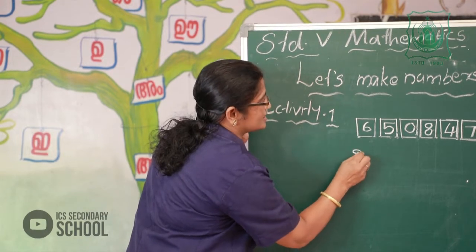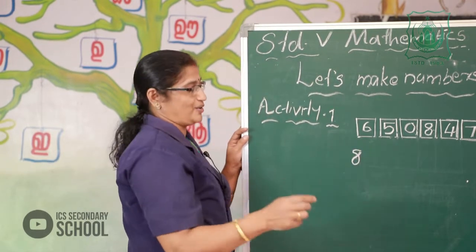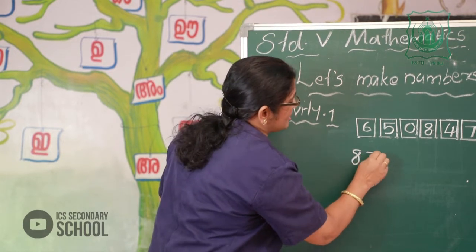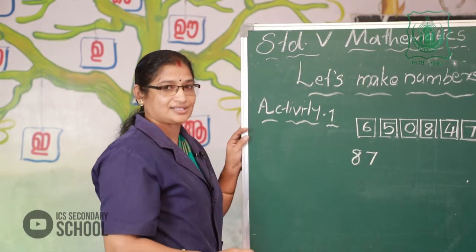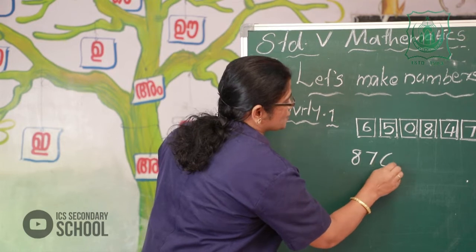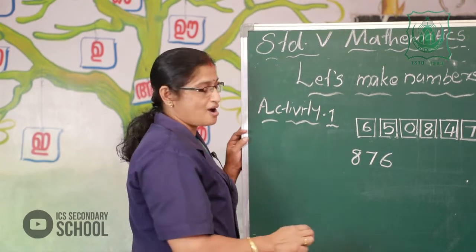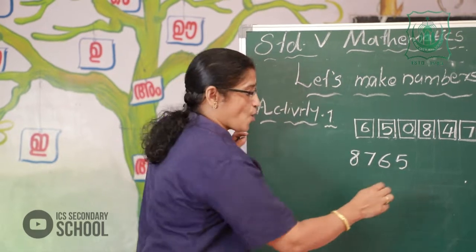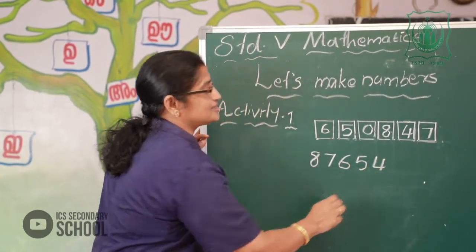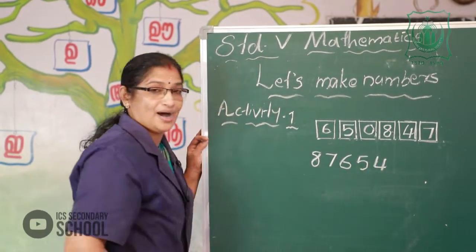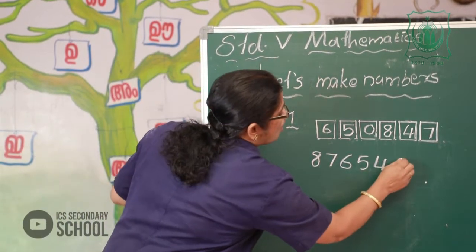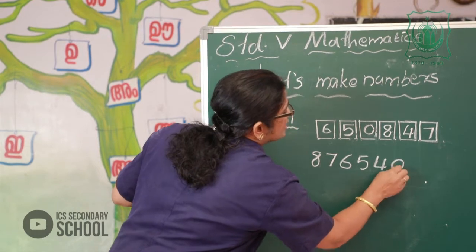Yes, first digit 8. Next, the largest number, 7. Next, 6. Next number, 5. Next, 4. And the last number should be the smallest digit, 0.